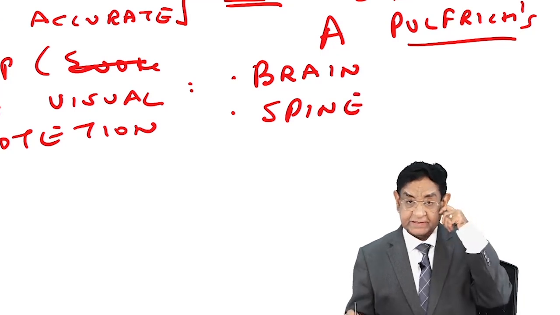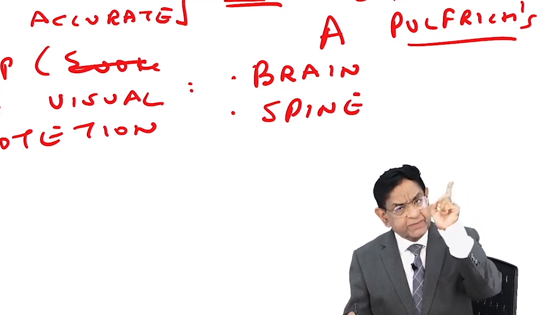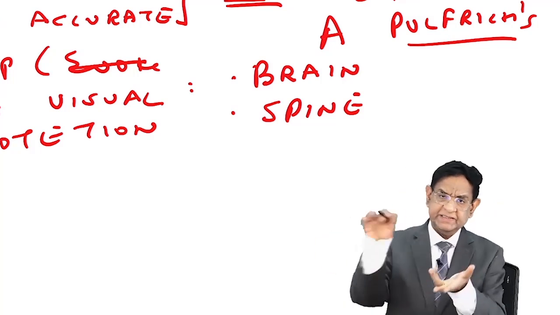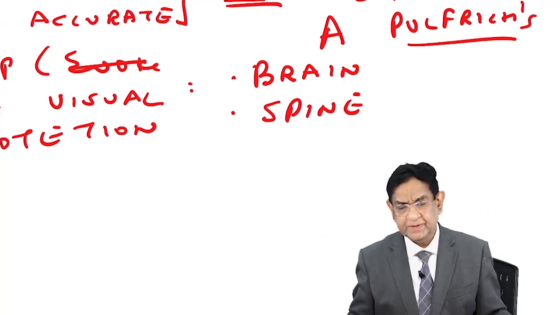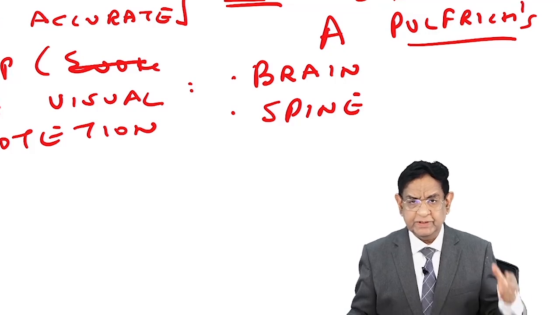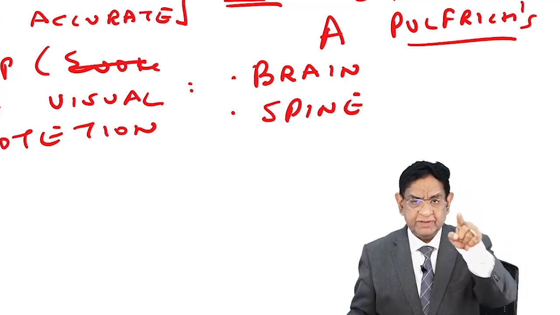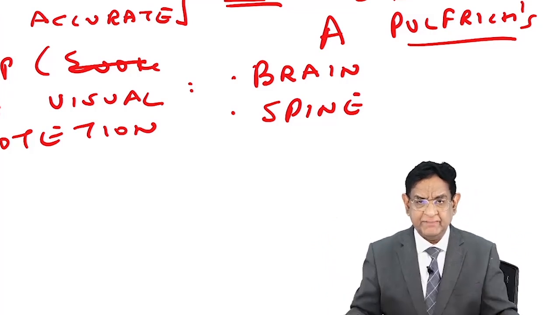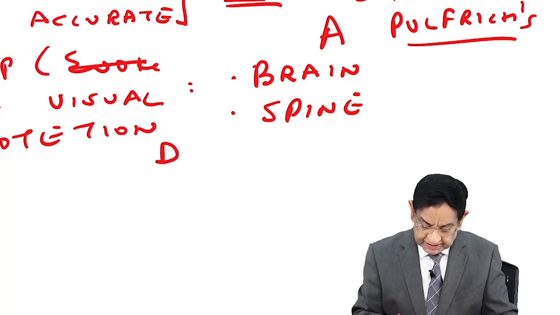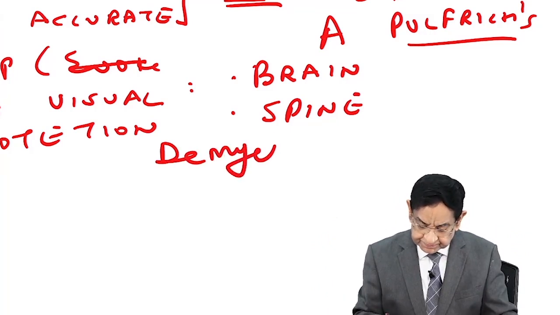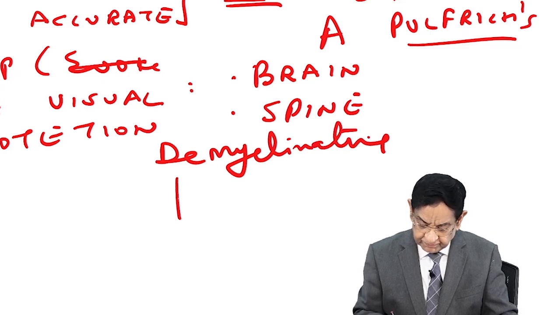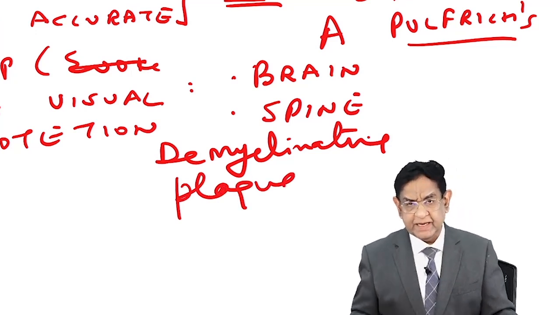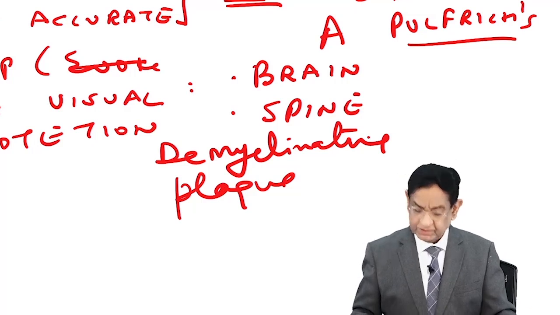Like in this case, previously she had a right eye problem, and again she had the same problem in the right eye, so there is no point in doing a brain MRI. In this case I would go for a spine MRI, where I look for demyelinating plaques. Plaques will be there, because the MRI done in the past had shown some problem, right?